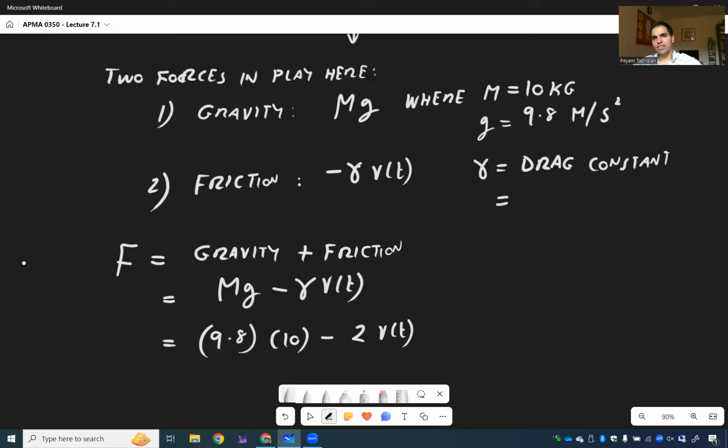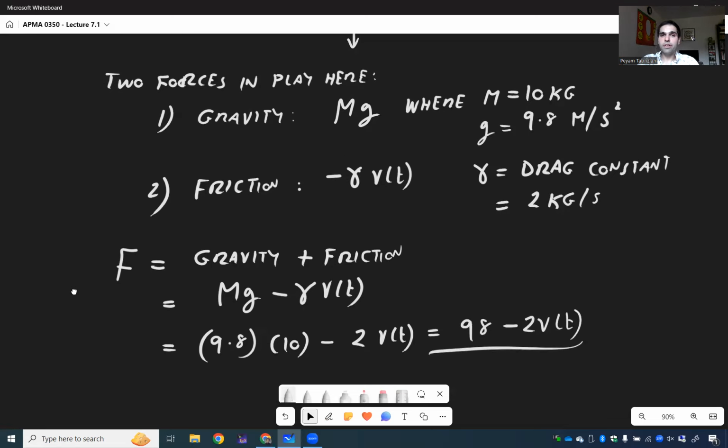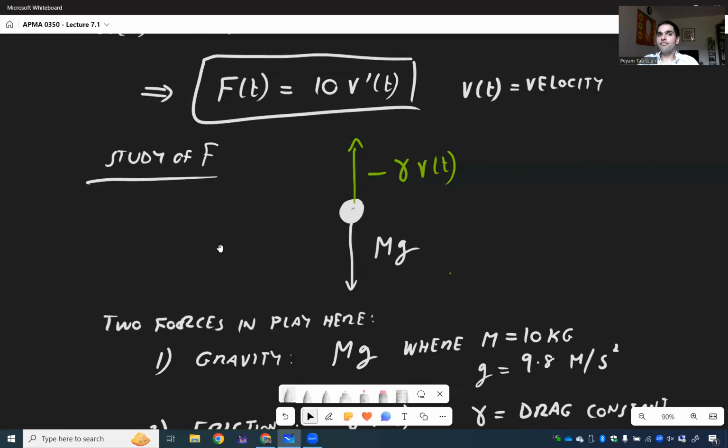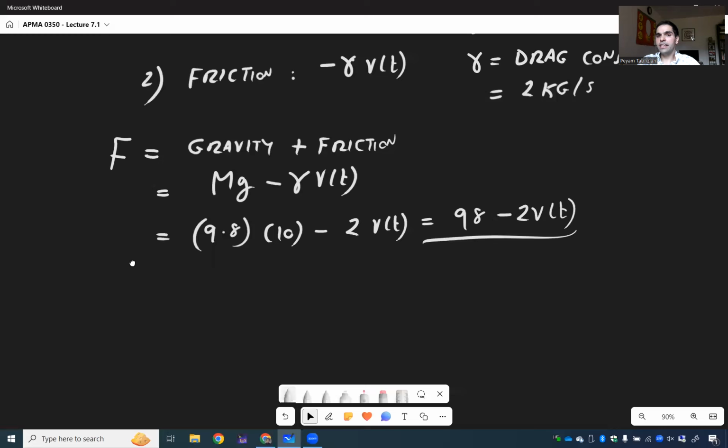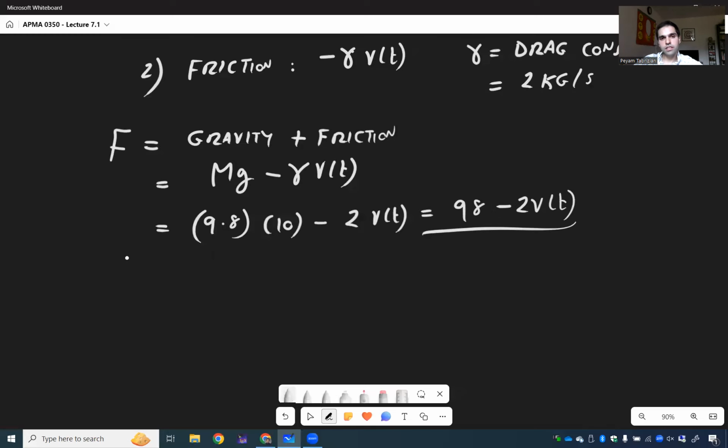Forgot to mention, but here the drag constant is 2 kilograms per second. And in other words, we get 98 minus 2 v of t, which is the missing link that we needed, because if you remember in the above, we had F is 10 v prime of t, but also F is 98 minus 2 v of t.